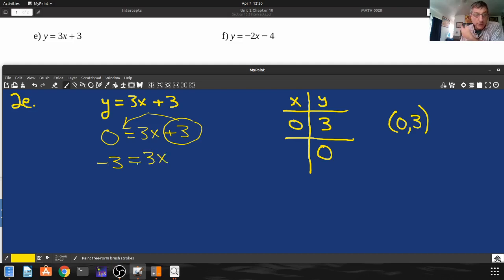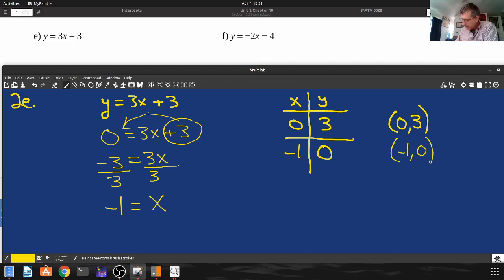So I know how much 3 of something is. So to find out how much one of those somethings is, I divide that quantity by 3. So minus 3 divided by 3 is minus 1, and that's how much 1x is. So I get another point, minus 1, 0, which is the x-intercept.